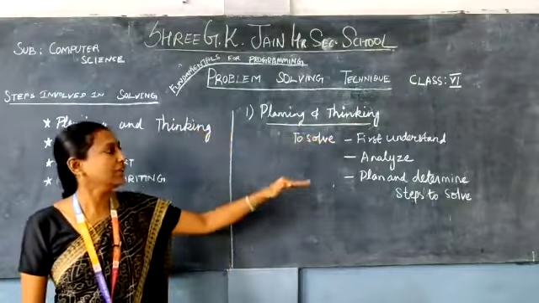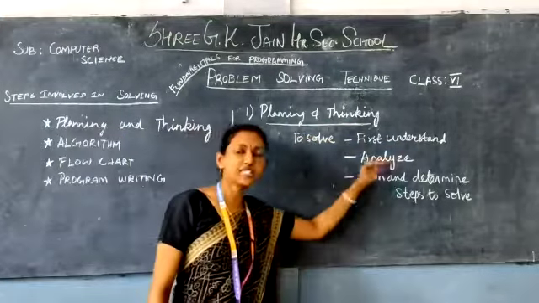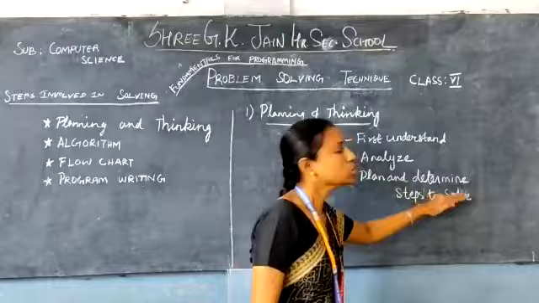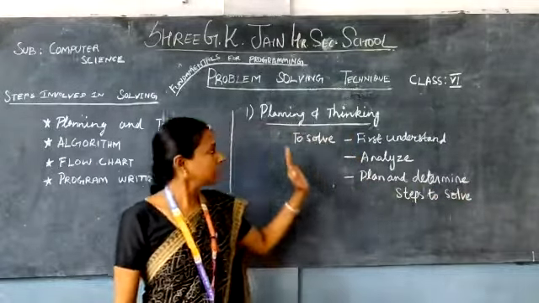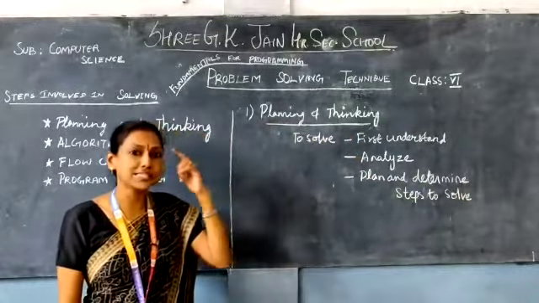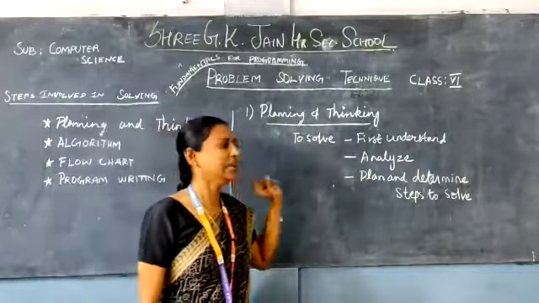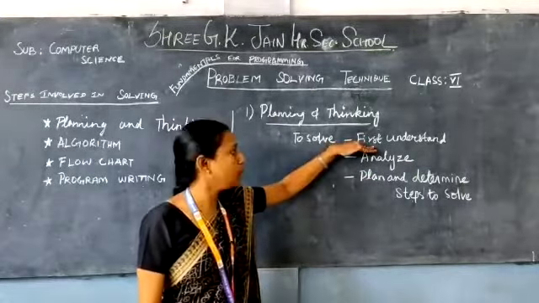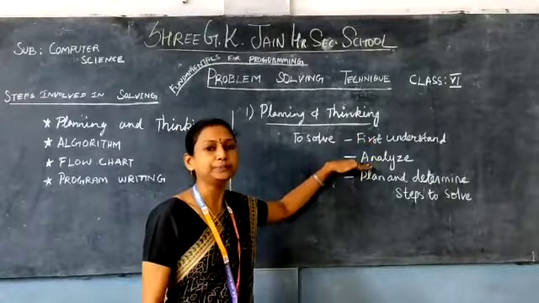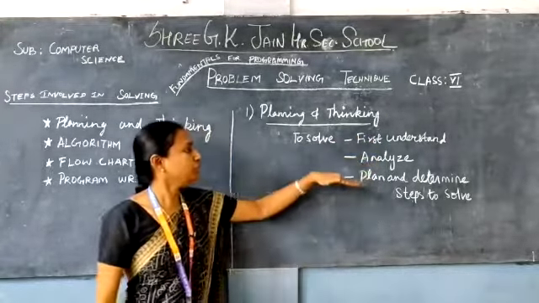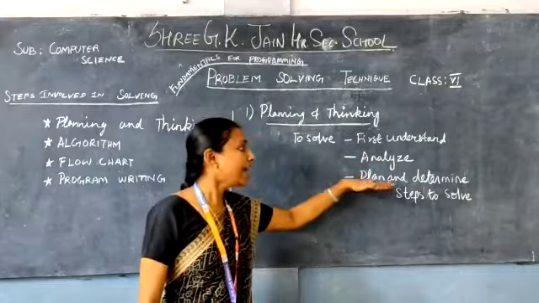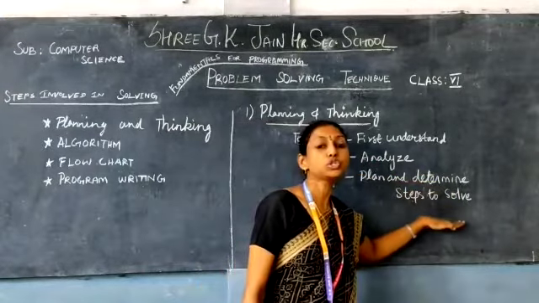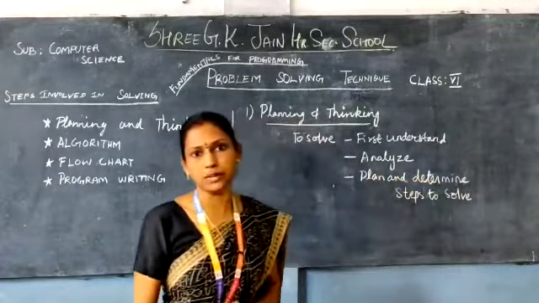After that only we have to plan and determine the steps to solve the problem. There are 3 things we have to consider while planning and thinking. To solve a problem, we need to first understand the problem and then analyze the nature of the problem. After that, plan and determine the steps to solve the particular problem.